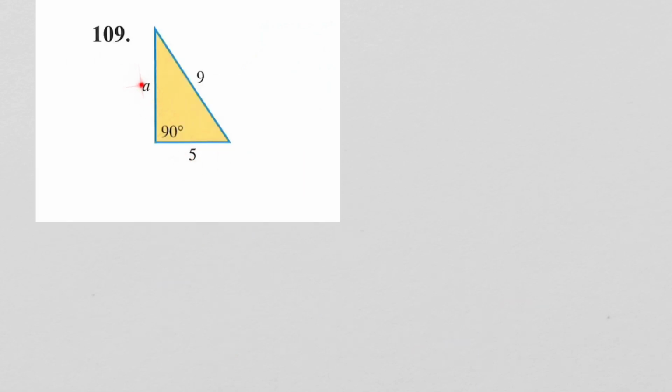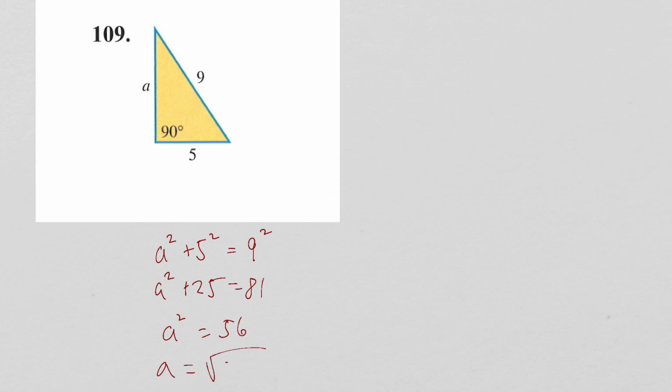Okay, the sum of the squares of the legs, so a squared plus 5 squared, is the square of the hypotenuse. That means that a squared is 81 minus 25, which is 56. So a is equal to the square root of 56. Now 56 is 2 times 28 and 2 times 14.